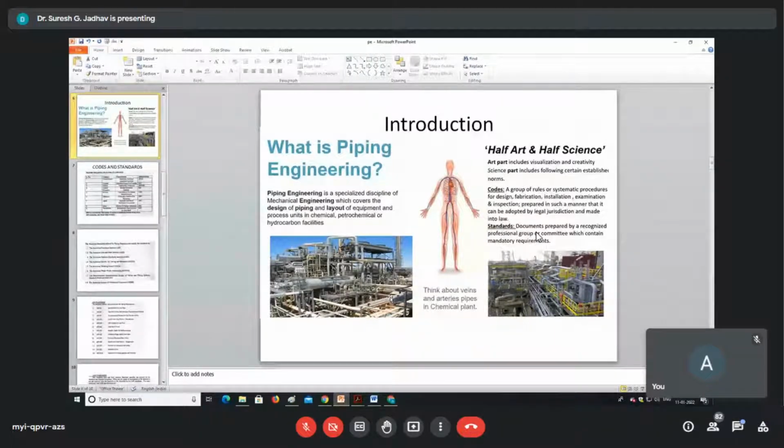In addition, they must exhibit the analytical skills necessary to read blueprints. We require analytical skills so that we can read the blueprints, meaning the entire drawing of chemical plants, petrochemical plants or hydrocarbon facilities. In short, we call these the piping layouts of chemical plants.